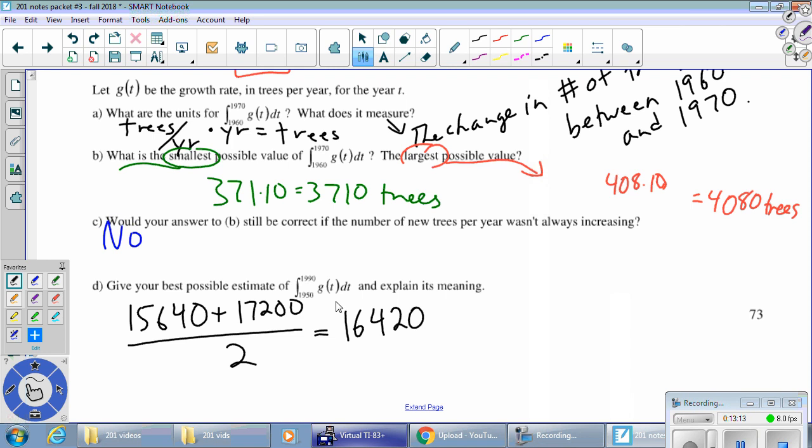So explain its meaning. That means that's our estimate for the number of additional trees, number of new trees, between 1950 and 1990.